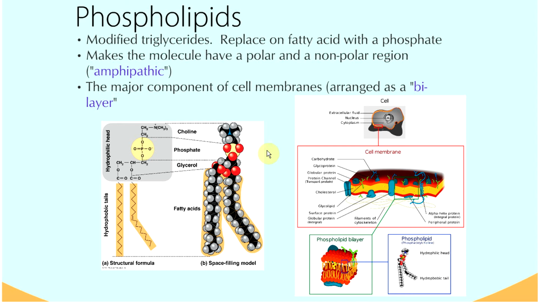Different regions of this molecule are polar versus nonpolar. The head that includes the phosphate and the glycerol is polar, it loves water, but the fatty acid tails themselves are nonpolar. They do not like water.